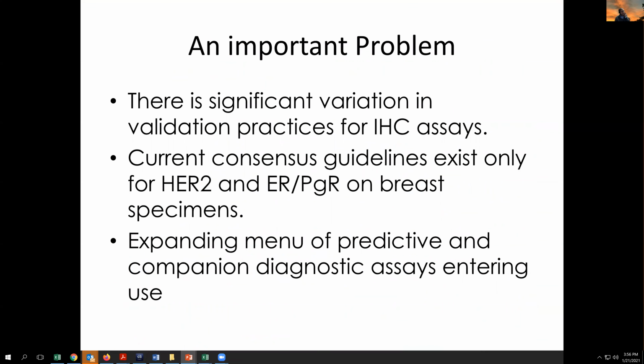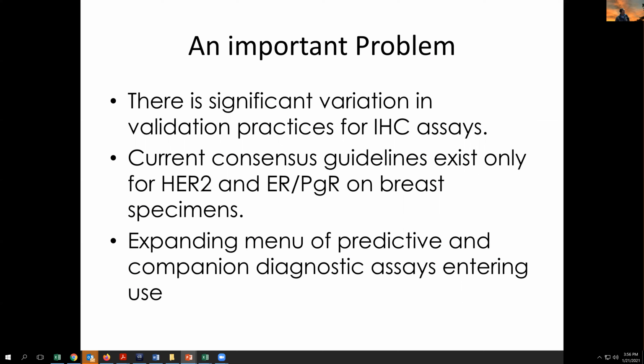Well, in terms of immunohistochemistry, there is a problem here. We know from various proficiency reports and feedback systems that there's quite a bit of variation, both in the performance and, of course, in validation.